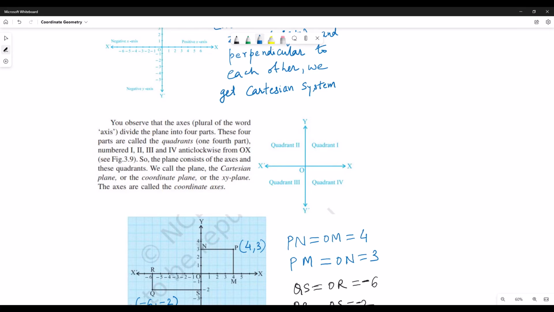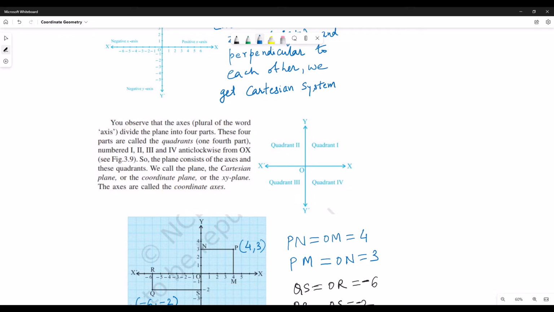When we are talking about the Cartesian system, we must understand we are talking of a plane. We call the plane the Cartesian plane, or the coordinate plane, or the xy plane. You observe that the axes, the plural of the word axis, divide the plane into 4 parts.